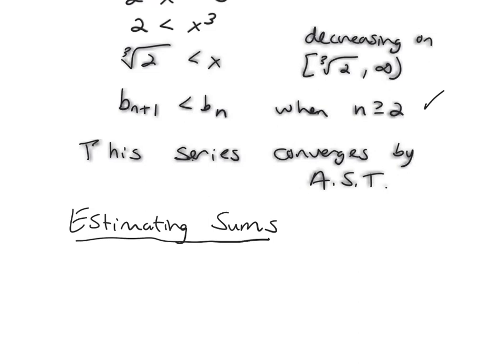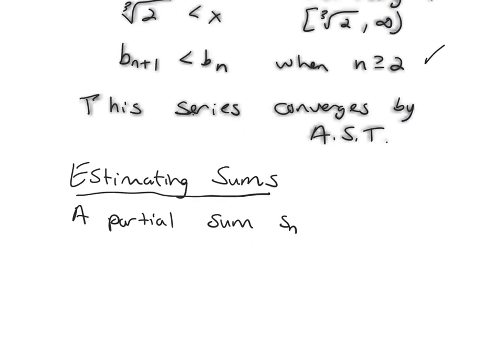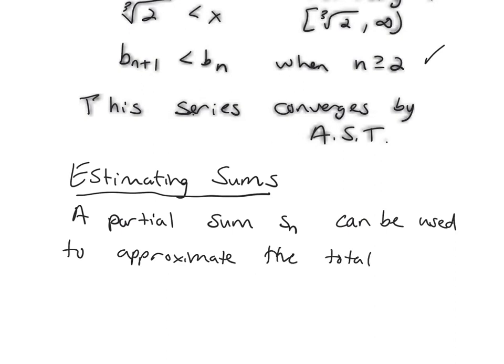So let's say that I have an alternating series that converges. So what I can do then is I can use a partial sum, S sub n, can be used to approximate the total sum S. Okay?